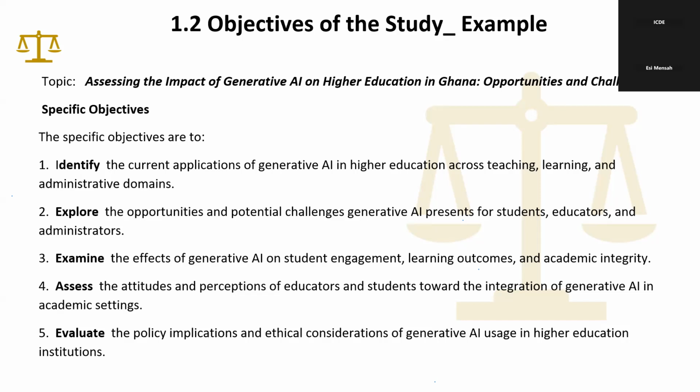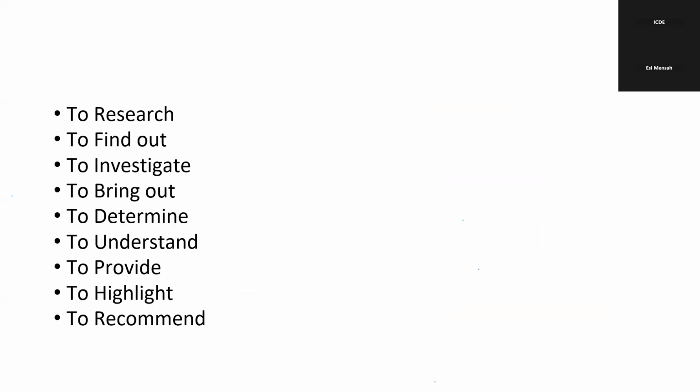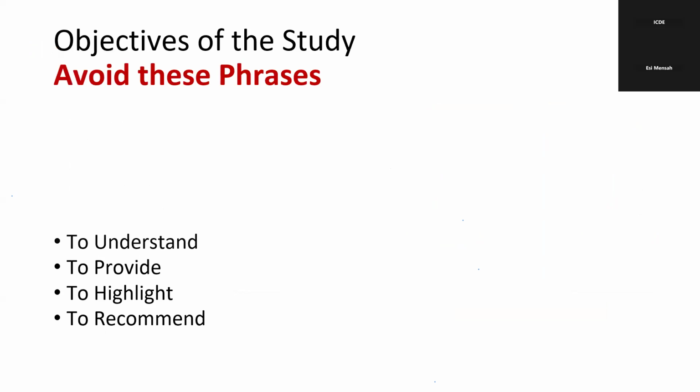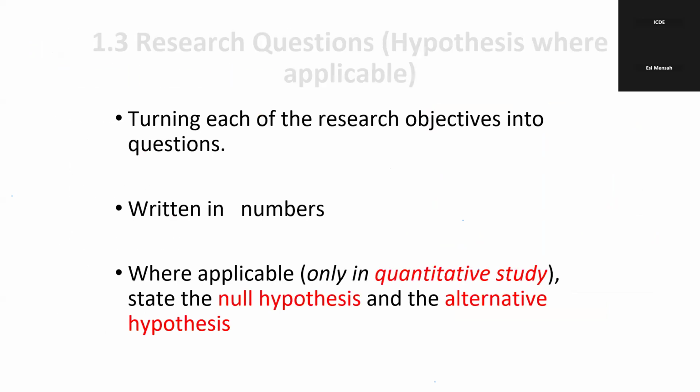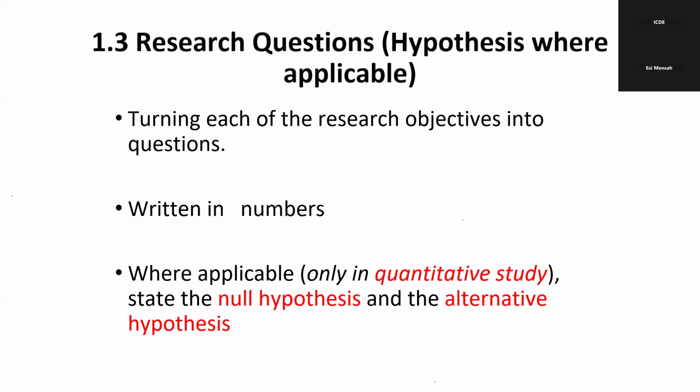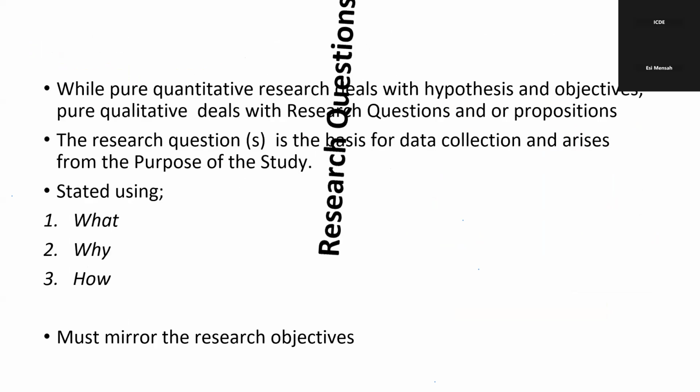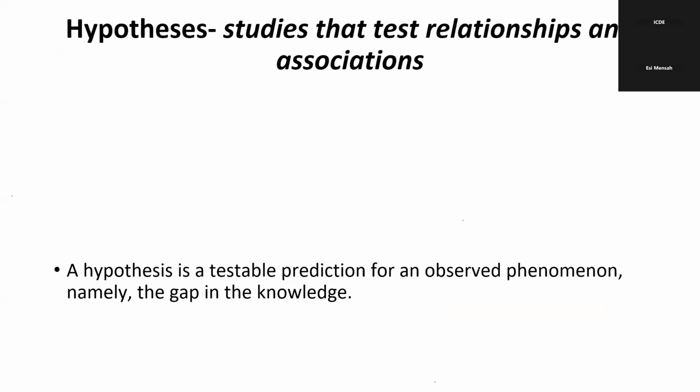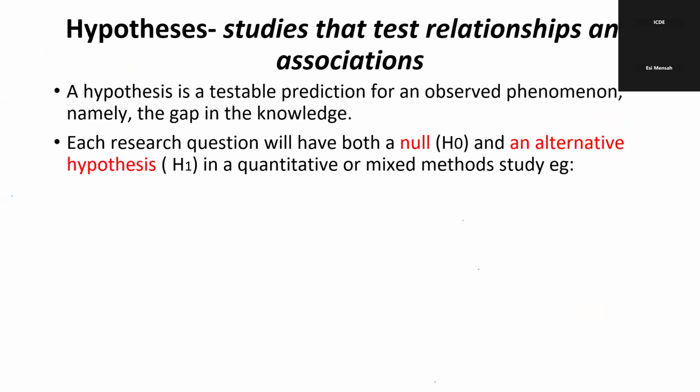So whatever objective you have in a quantitative study, you will work on your hypothesis statements for each specific objective. And we write the hypothesis statement as a 2-in-1 statement, H0, H1.